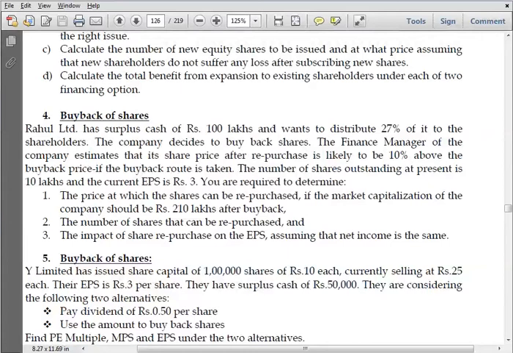Now they are saying you have a surplus cash of 100 lakhs and want to distribute 27% of it to the shareholders.